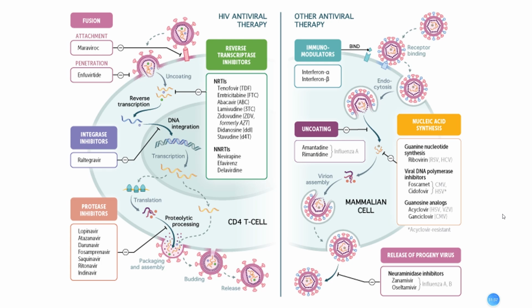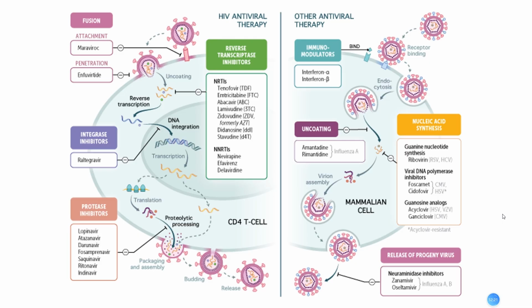This is a quick summary of the possible antiviral therapies. On the left, let's see, only for HIV virus. You can see that along the life cycle of the HIV infection, attachment, penetration, uncoating, biosynthesis, and then releasing, at each different step you can design the inhibitor.